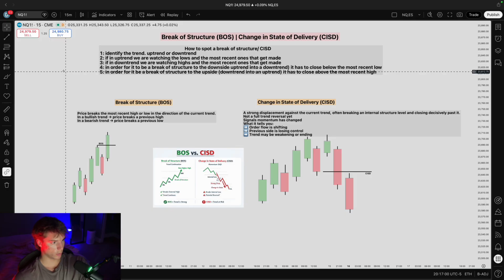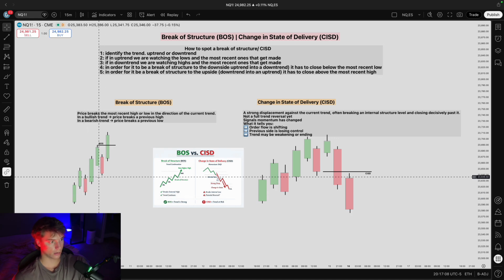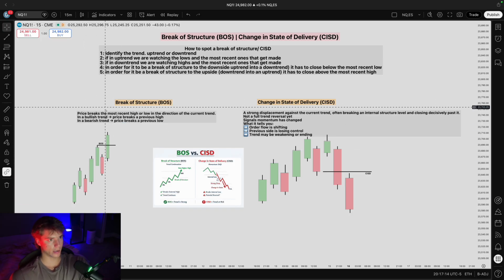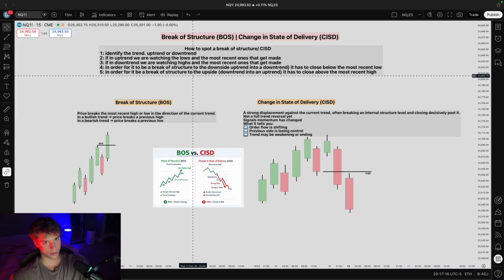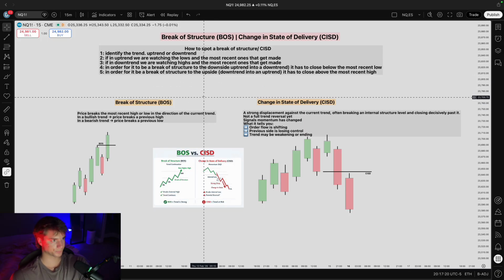An example would be here. We're watching the lows. This is the low right here, and we see the next low that was made is higher than this low. So that's what we're looking for. And it's going to be the opposite for a downtrend. We're going to be looking at the highs, and we want the other high to be lower than the high before.